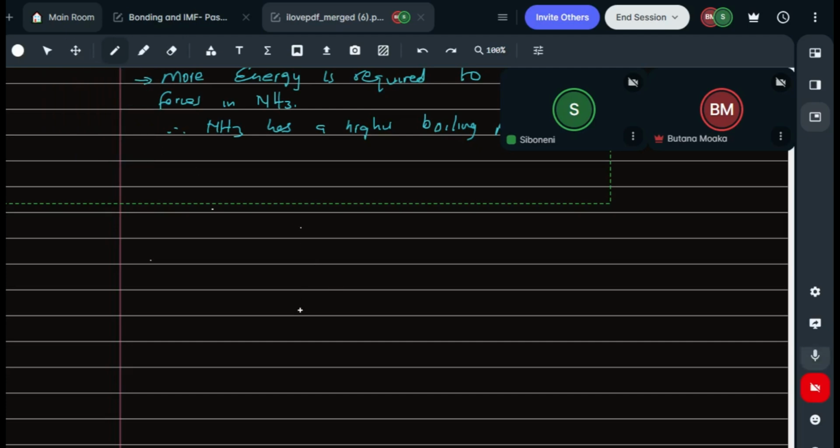So let's talk about the intramolecular forces. These are the forces inside the molecule, okay?